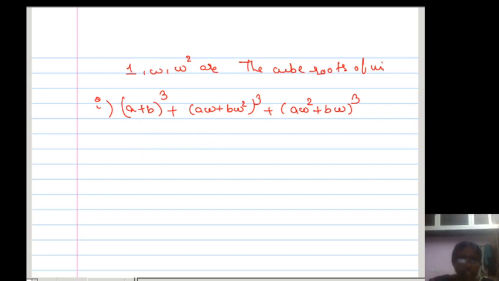Let us discuss just one problem, the remaining in the next session. a cube plus b cube plus 3a square b plus 3ab square, or 3ab into a plus b.